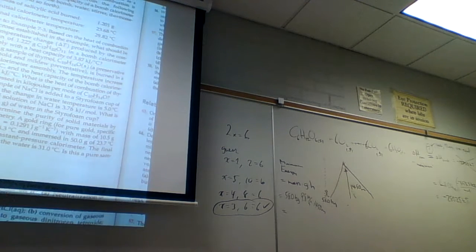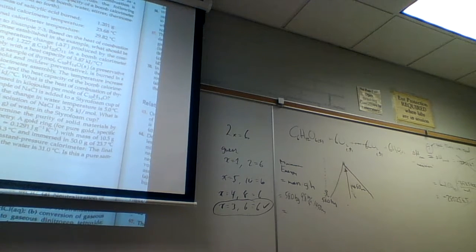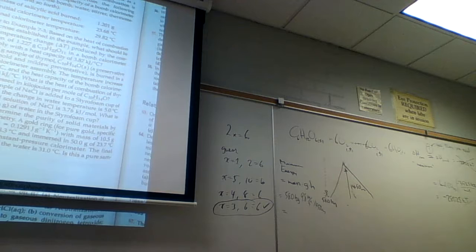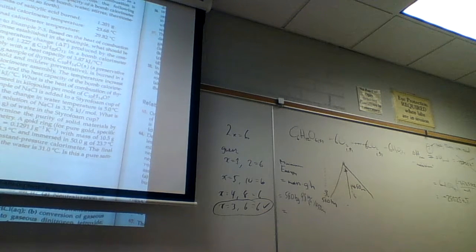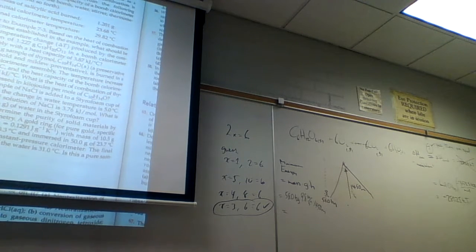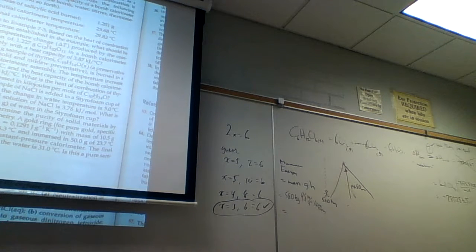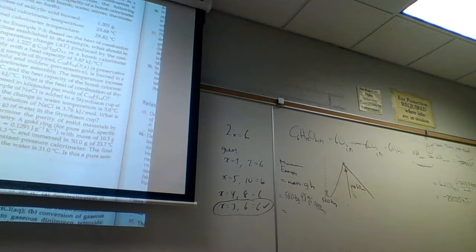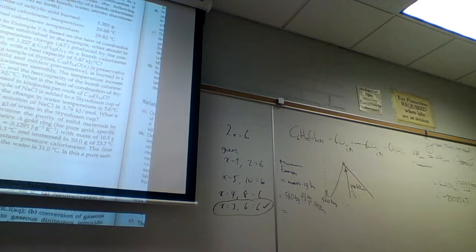This is what Petrucci often says to do. We did 37 earlier, and I didn't talk about this that much then, but xylose. Assume, look at this in parentheses, assume for this reaction that delta U is approximately equal to delta H. Is that a safe assumption?